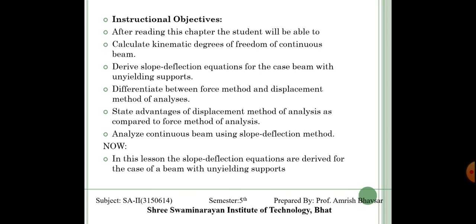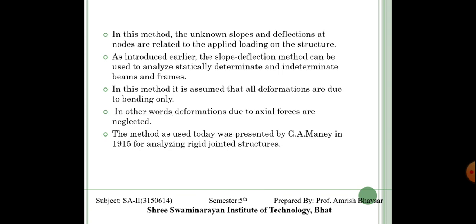In this lesson, the slope deflection equations are derived for the case of a beam with unyielding supports. In this method, the unknown slopes and deflections at the nodes are related to the applied load on the structure. This is most important. As introduced earlier, the slope deflection method can be used to analyze statically determinate and indeterminate beams and frames also.